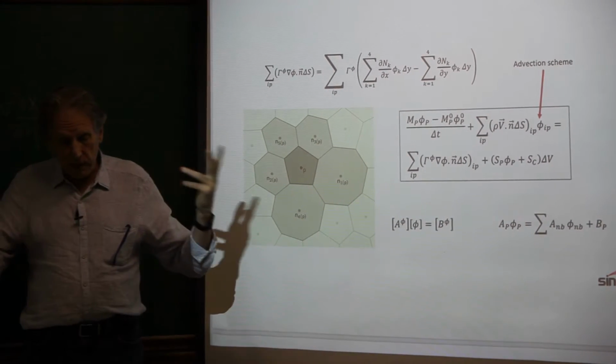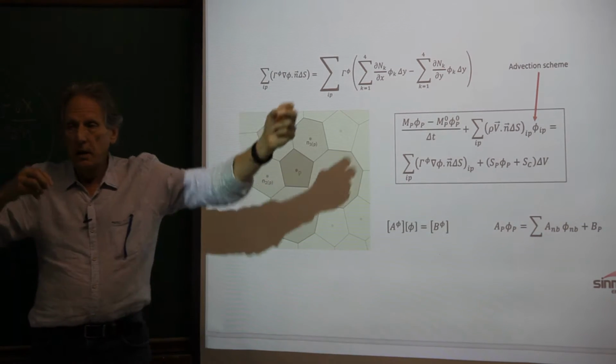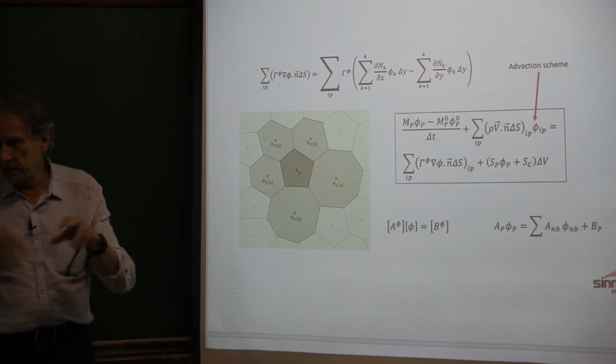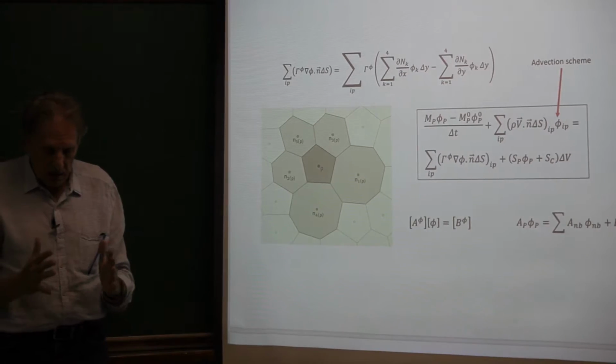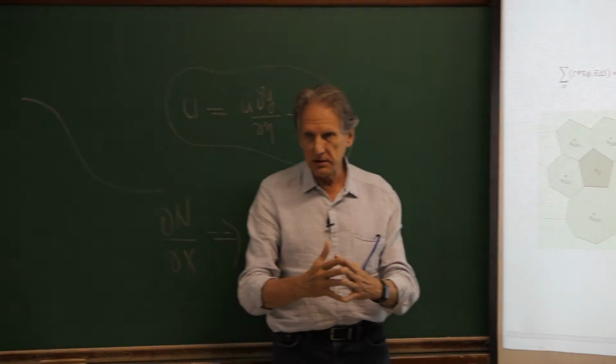If you are not using element-based or some other method, you may involve points which are far from the nodal point, and then it's not what we discussed in the beginning. If it's element-based, you need to calculate everything inside the element.